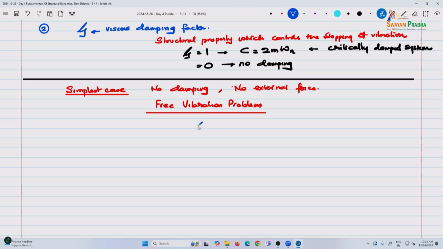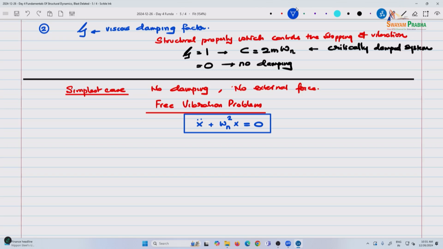So, the simplified equation is x double dot plus omega n square x equal to 0. Omega n itself is dependent on boundary conditions, we have seen that.